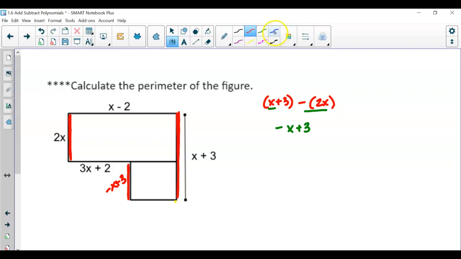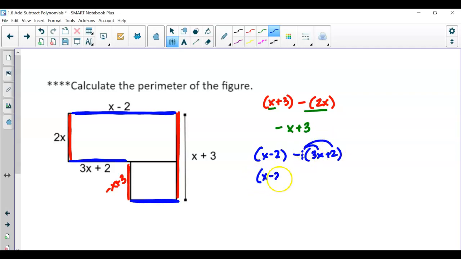There's your plus 3. So here, x minus 2 is the full width. I notice here we have 3x plus 2 plus what here would get you the total. So again, x minus 2 is the total, right? Your total width, minus 3x plus 2. Now notice here, you do need to distribute negative 1.